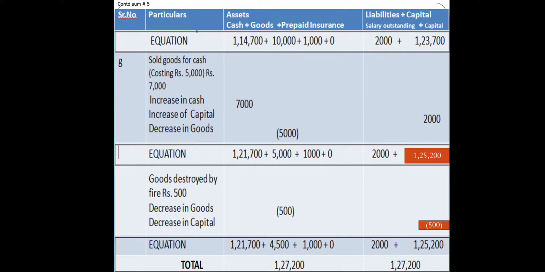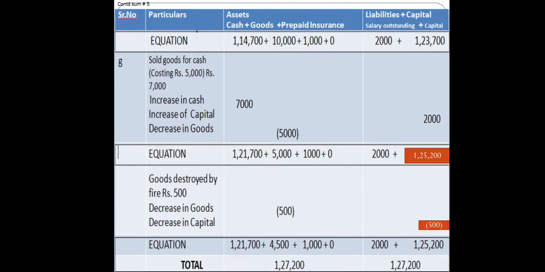This way our full transactions are over, and our final equation is set up as 1,27,200 on both the sides. That is the only reason it is said that asset will always be equal to C plus L. Asset is always equal to C plus L.